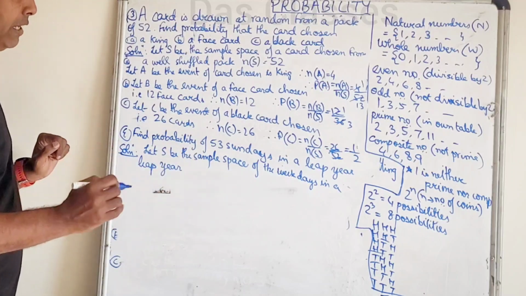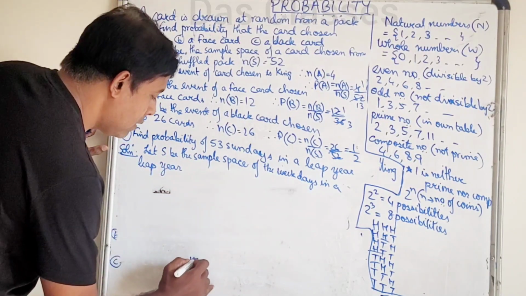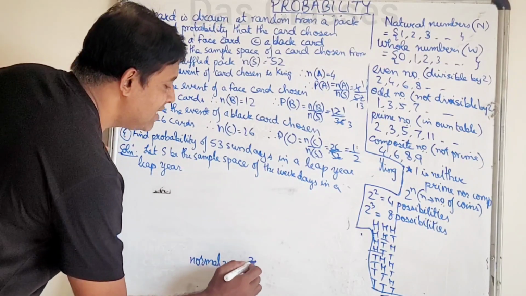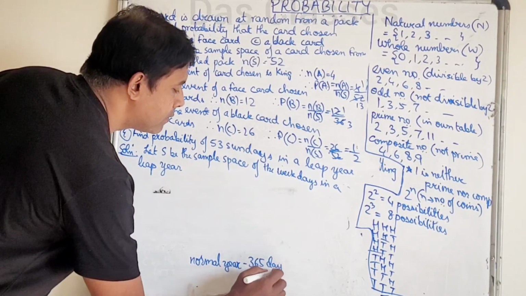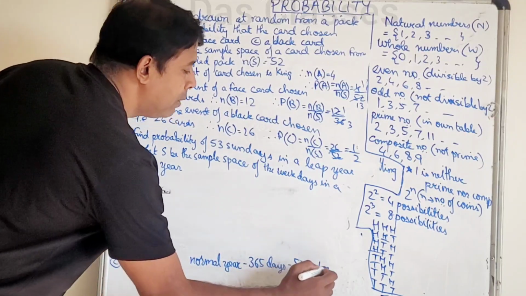Now, very important thing, in a normal year, there are 365 days, that is 52 weeks plus 1 day.